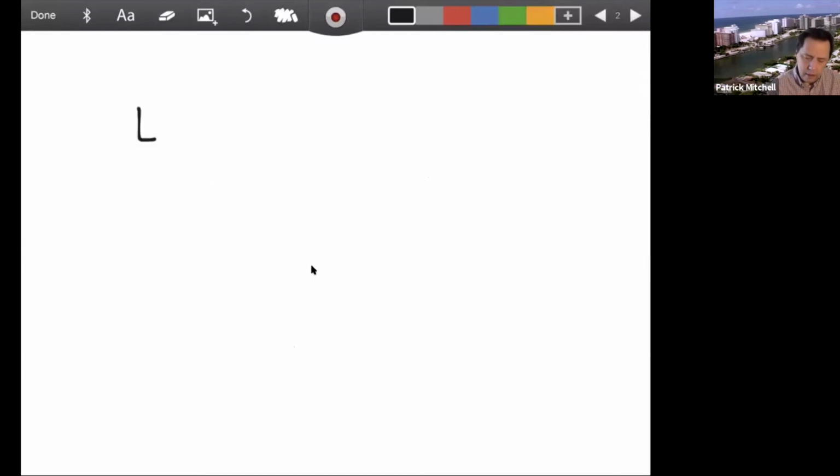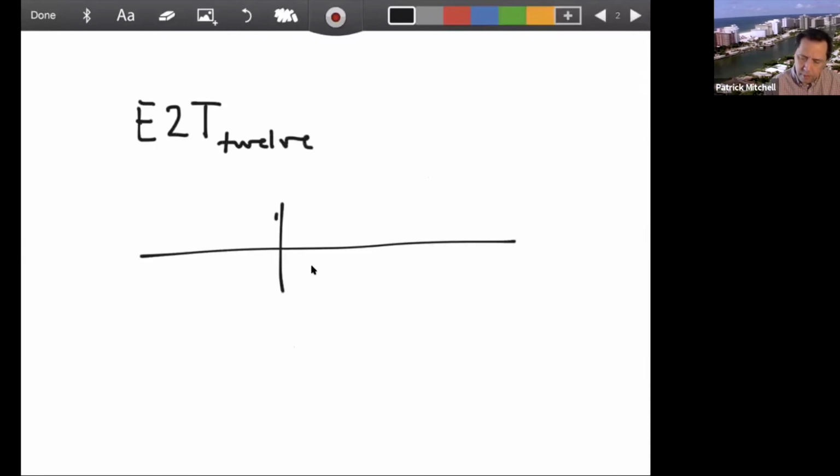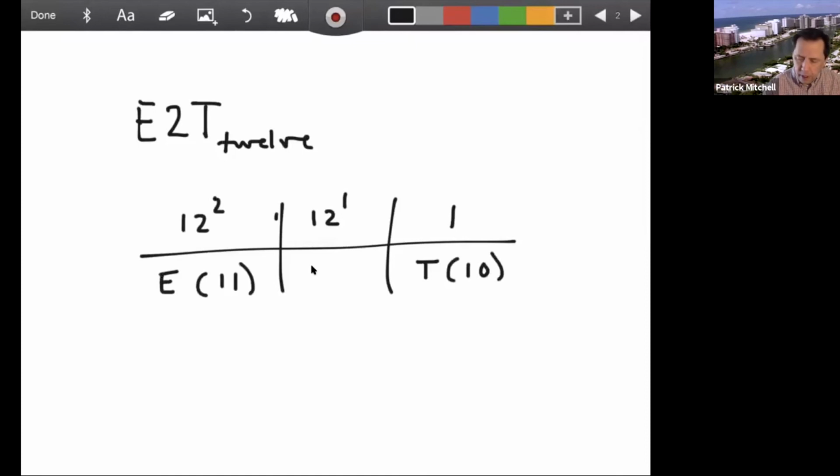So E2T in base 12. My base 12 system has 1s, 12s, and 144s. Whenever you have the digits E or T, it might be helpful to write a traditional 10 or 11 next to it.